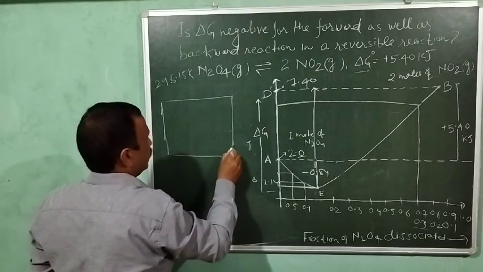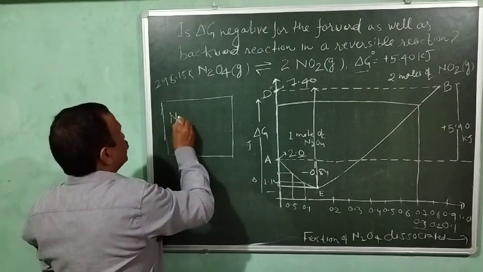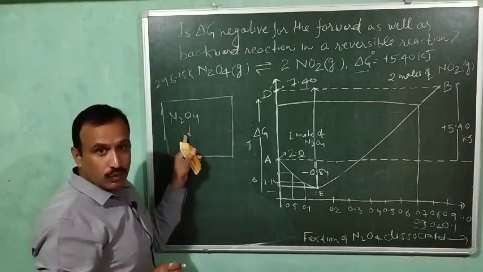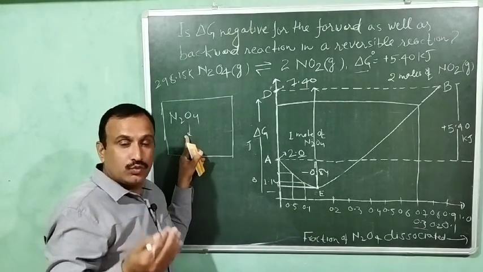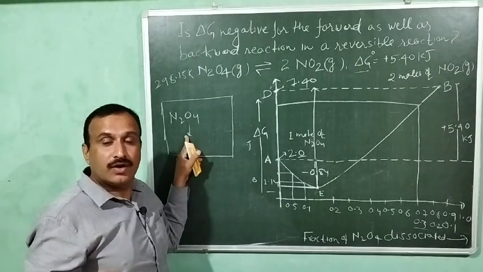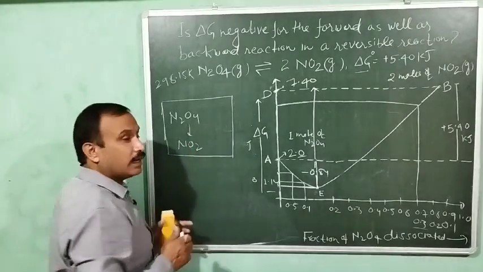So let us try to attain the chemical equilibrium from the reactant side also. Again, here in this container I am taking 1 mole of N2O4. So the 1 mole of N2O4 initially, and then the reaction will start and it will start converting into NO2. तो ये NO2 में convert होना शुरू हो जाएगा। क्यों?